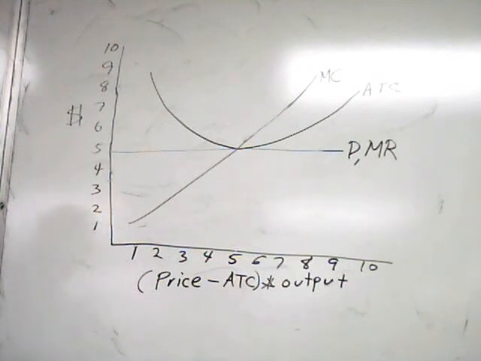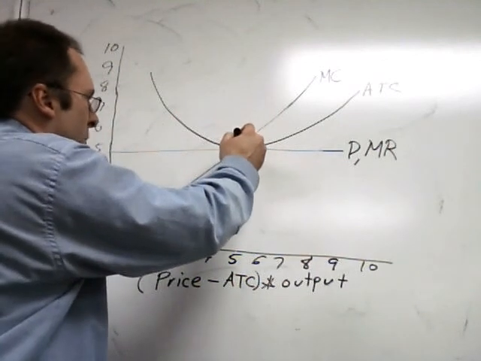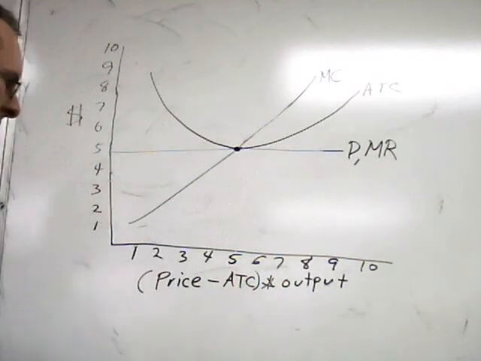We know that because price minus average total cost is the same point right here. So that's going to be 0. So 0 times output is 0. So that firm is breaking even.